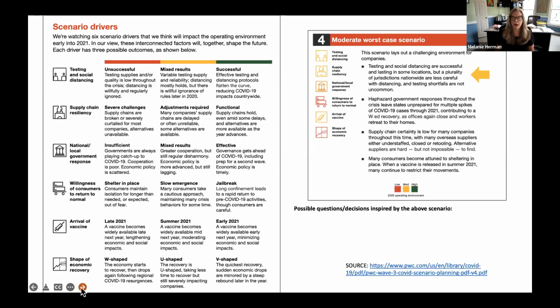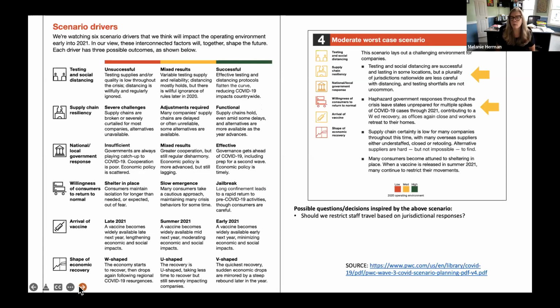The first bullet point is that testing and social distancing are successful, but many jurisdictions are less careful and testing shortfalls are not uncommon. Again, this is one possible outcome. A discussion question might be, should we restrict staff travel based on jurisdictional responses? So each of these scenarios inspires a topic of conversation or a decision that needs to be made or at least considered.